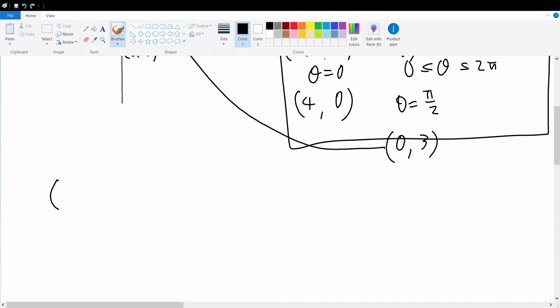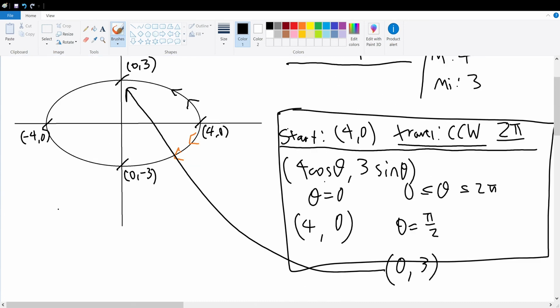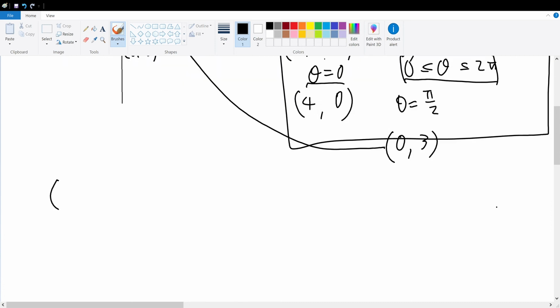We're going to keep the restriction of theta being between 0 and 2 pi. But what will happen to the 4 so it starts at negative 4, 0? The answer is to negate the 4, so that when theta is equal to 0 and cosine of theta is equal to 1, we get an x value of negative 4.